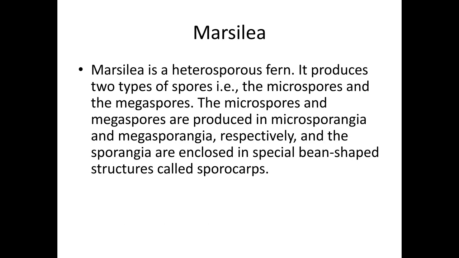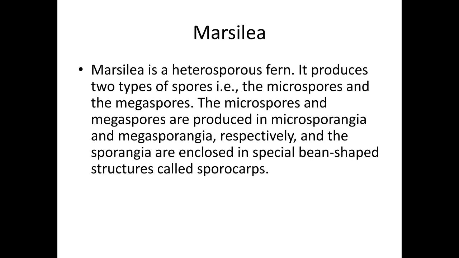Marsilea is a heterosporous fern. It produces two types of spores, the microspores and the megaspores. The microspores and the megaspores are produced in microsporangia and megasporangia respectively.